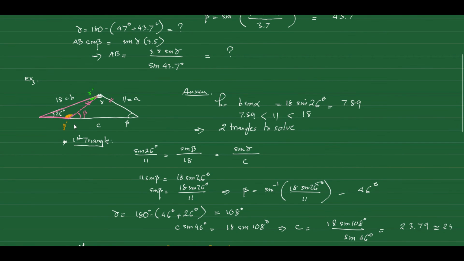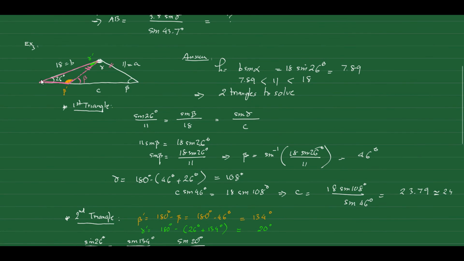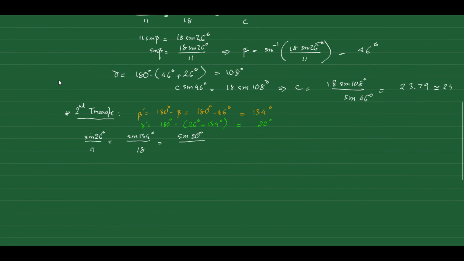equals sine gamma prime, which is 20, over this one. I'm gonna call this one C prime, from here to here. So this is over C prime.